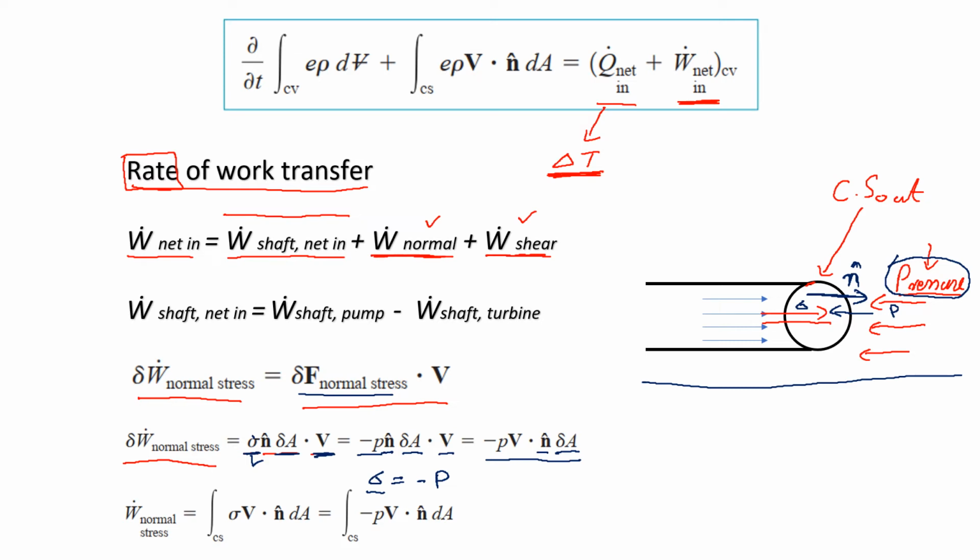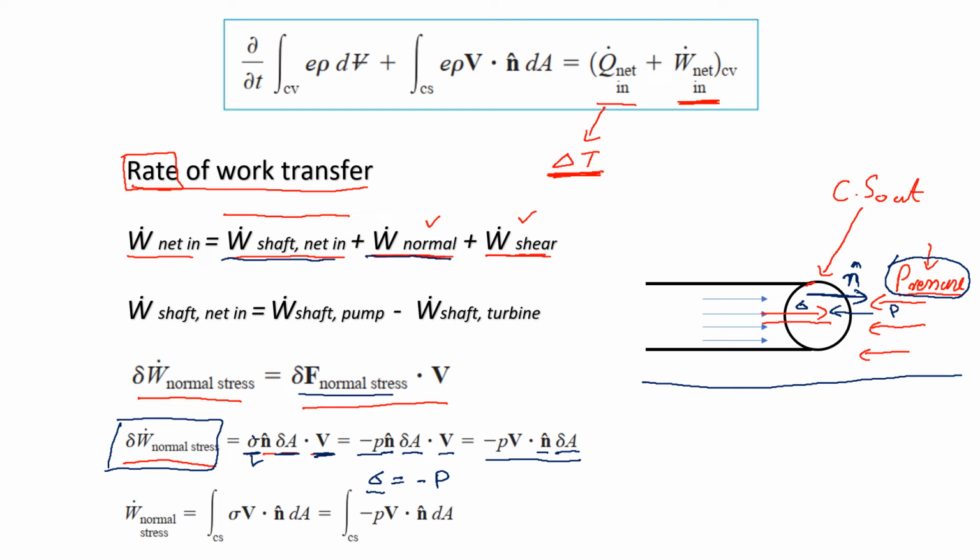So by overcoming this external pressure, we are talking about doing this amount of work too. So apart from the rate of work transfer to the shaft, we are also talking about the work required to overcome these normal stresses on the control surfaces. Again, I am talking again and again about the control surfaces, because this work will only be required on the control surfaces, because the normal stresses will only occur on the control surfaces.